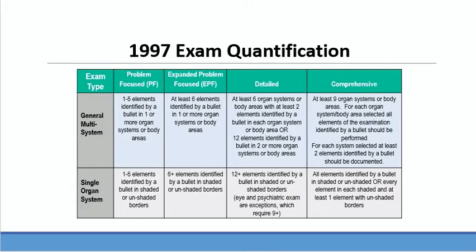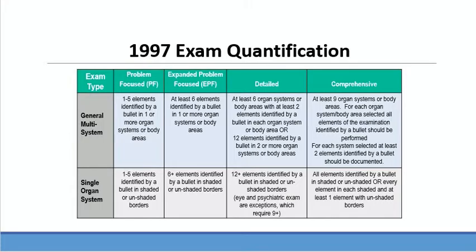The problem-focused exam in a single organ system requires 1 to 5 elements identified by a bullet in shaded or unshaded borders. An expanded problem-focused exam requires 6 or more elements identified by a bullet in either the shaded or unshaded borders.